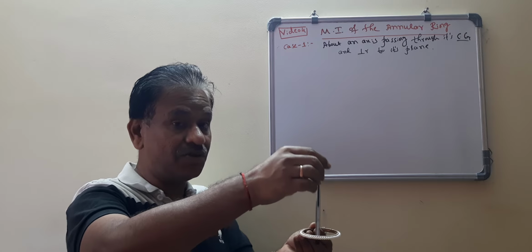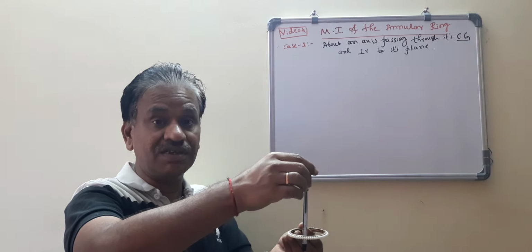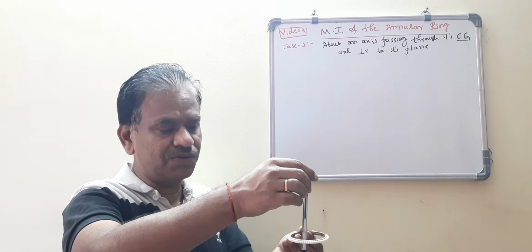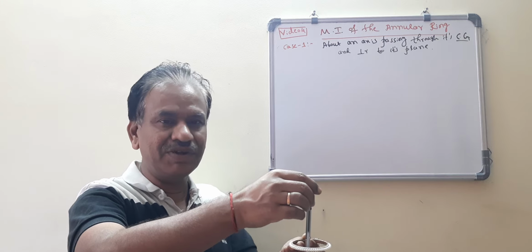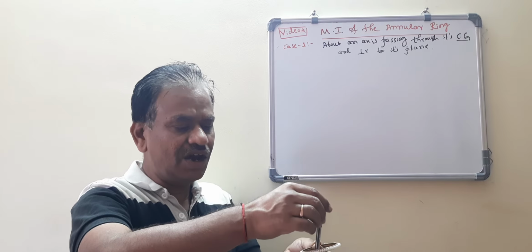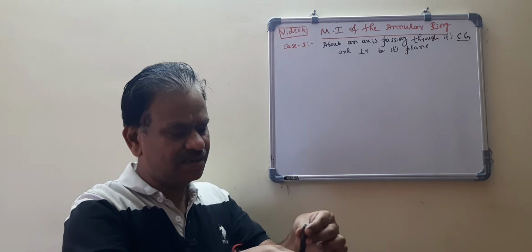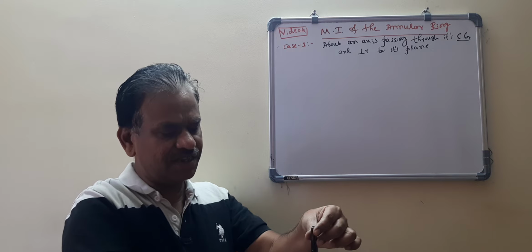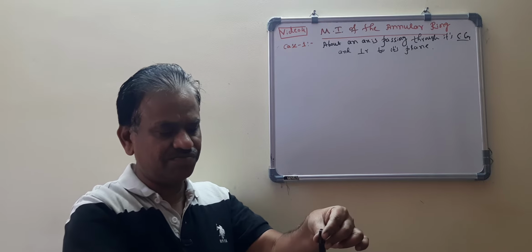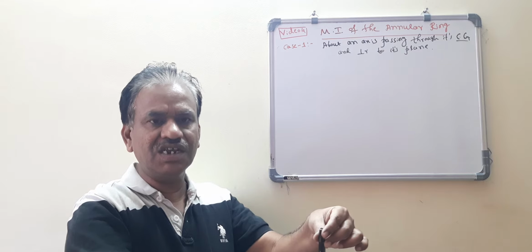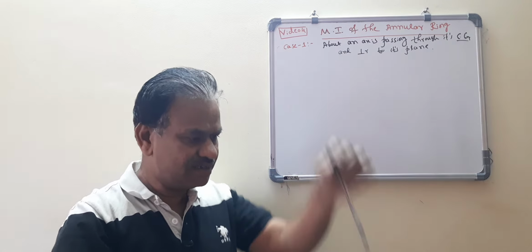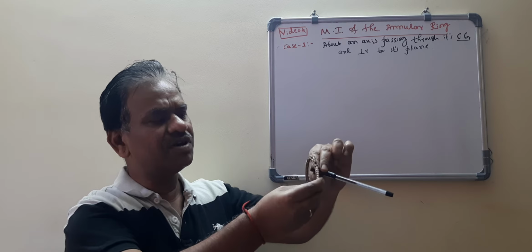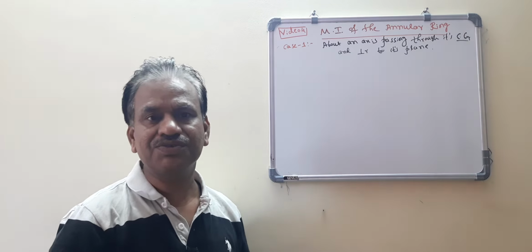Please understand, because in competitive examinations there are more problems on this. Of course, in university examinations you never get such problems. Now, about this axis, the ring rotates like this, just like the steering wheel in a four-wheeler vehicle. There is one axis about which a driver rotates the wheel like this.